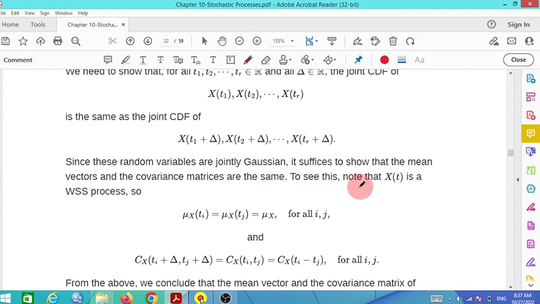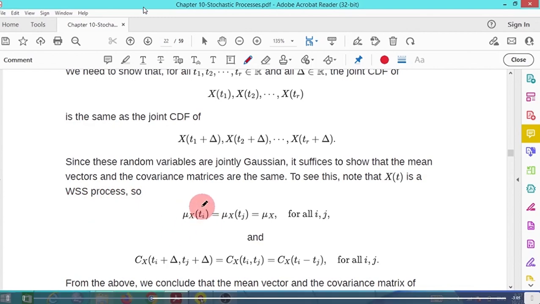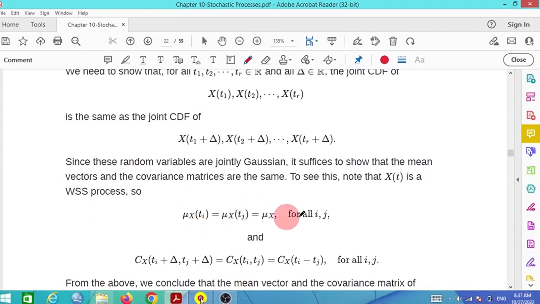To see this, note that Xt is a wide sense stationary process, so the mean at each time is equal and does not depend on t.